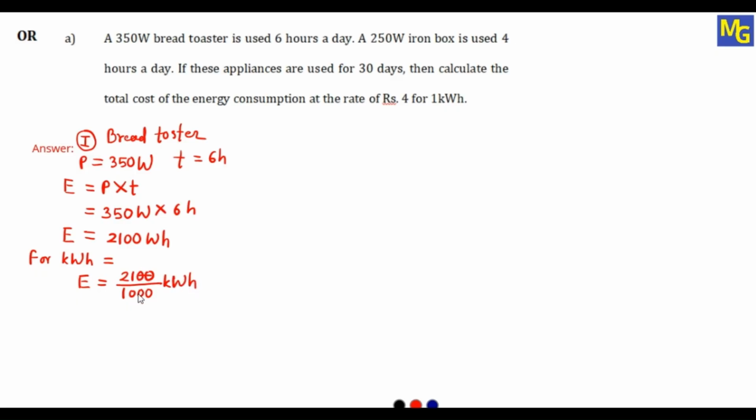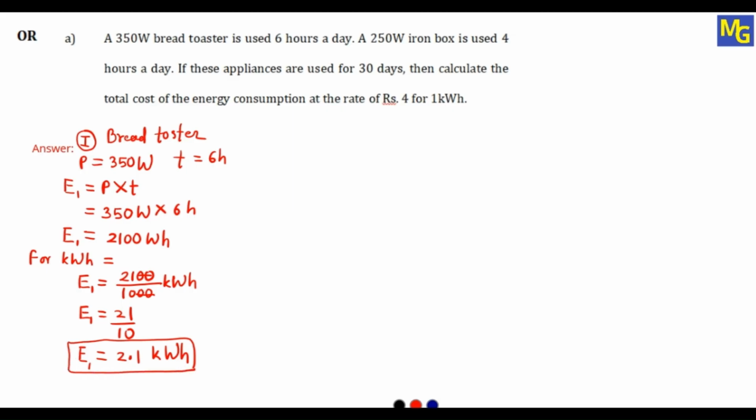So zeros will be cancelled and E is equals to 21 divided by 10, which is nothing but 2.1 kilowatt hour. So this is our energy for the bread toaster. Here we will write E1. So everywhere we'll write E1 and we will take E2 for our iron box. So write this answer which we have got into the box.